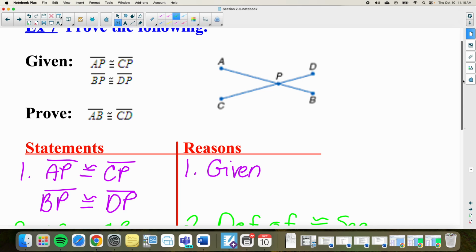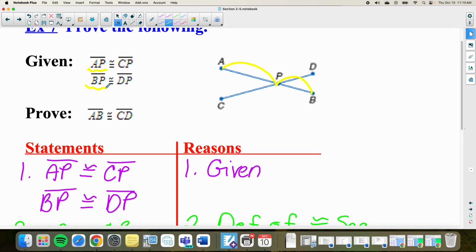Yes. One thing I want to point out here, when you guys go to split this segment up into parts, this could either be AP or PA. So you want to look at how did they write that. The reason is when you're doing this one, I would have called this PB, but notice the book calls it BP.